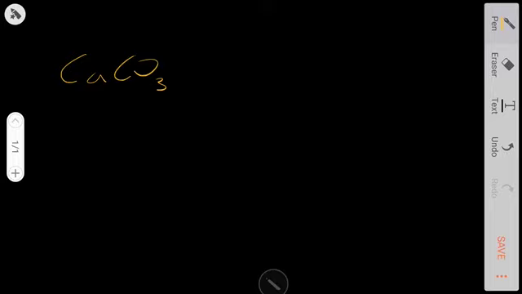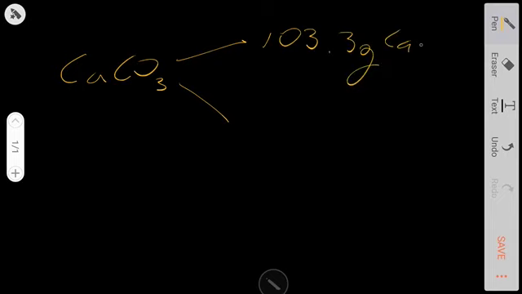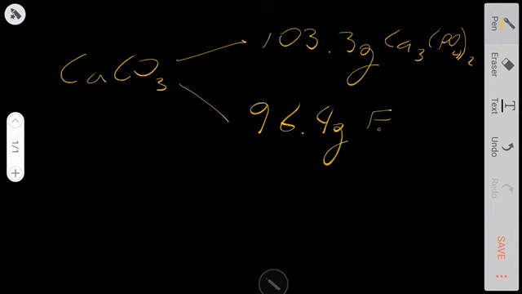For those 2 products, I was able to calculate that we were able to make 103.3 grams of calcium phosphate and 96.4 grams of iron 3 carbonate.